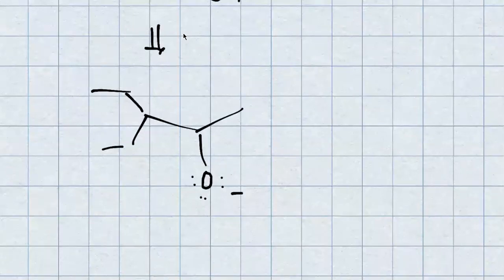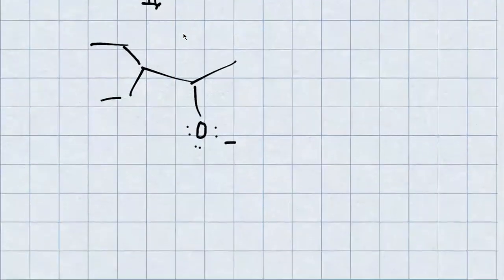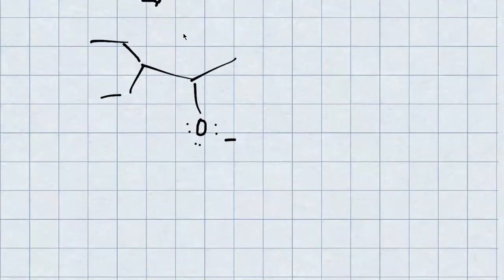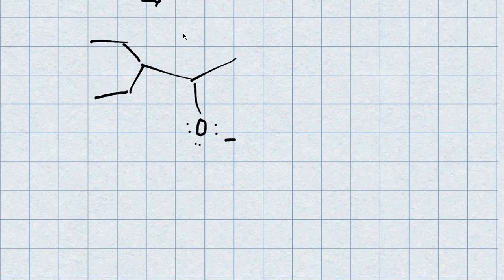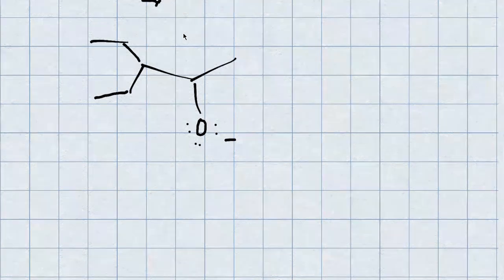Which side do you want to knock off first? Because it's the same concept, right? You got the secondary propyl group on the left, and then you have a methyl group on the right. Let's do the methyl group on the right. All right. So then boom, same process, right? It's the same strategy every time. Once you get to this intermediate, then you push the electrons to do your elimination.